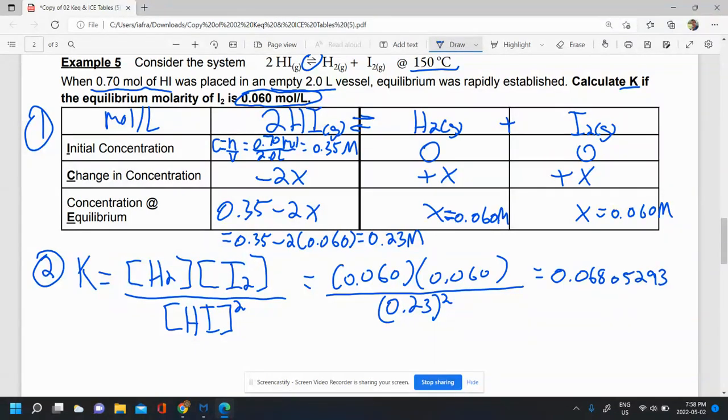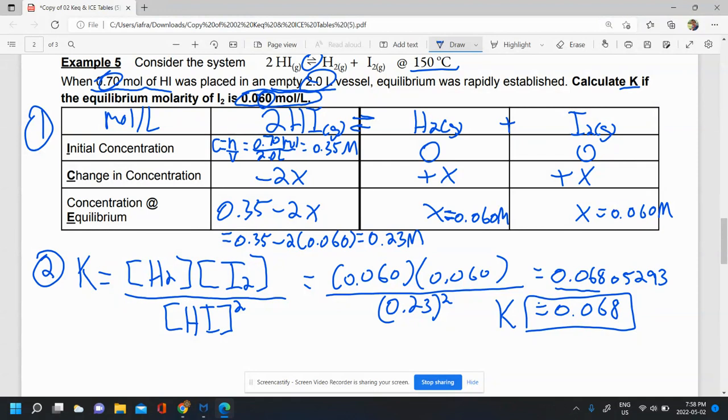Remember, no need for units because K units vary quite a bit, so we don't include them. And we want to round this to the correct number of sig figs, which is 2 sig figs. In this case, that's the smallest number of sig figs we have. So about 0.068. This is our K value.